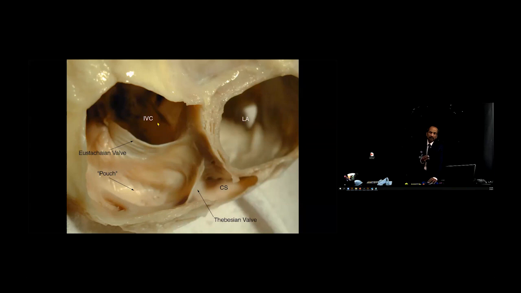The other situation where this can happen is where the eustachian ridge is vestigial, very small. In almost all normal hearts, the eustachian ridge is prominent. That's what kept mother's oxygenated placental flow in the fetus directed towards the patent foramen ovale.